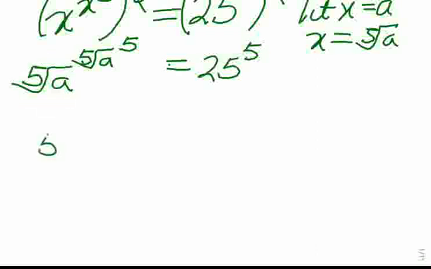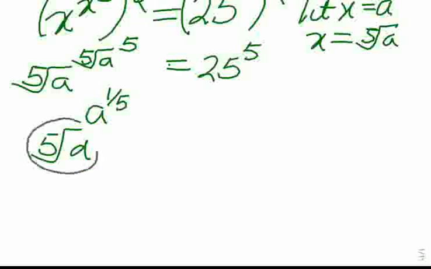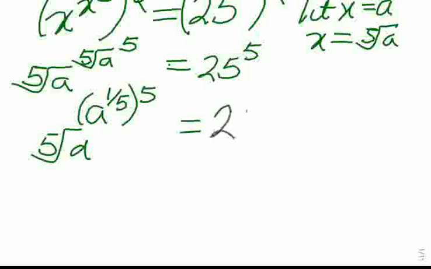I will have the 5th root of a raised to power the 5th root of a there. But that 5th root of a there, I want to write as a raised to power 1 over 5. It is still the same thing. So this will multiply that power 5 you have there, and this equals 25 raised to power 5.